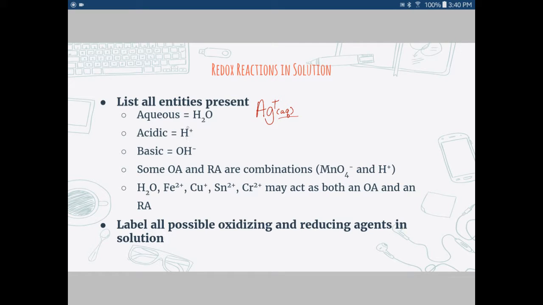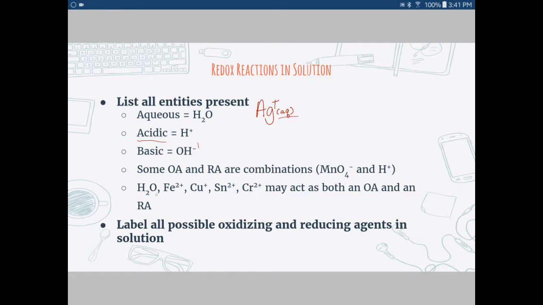Anything where it says that it's an acidic solution, we have to include the listing of hydrogen ions. A basic solution, we have to list hydroxide ions. Some of our OAs and RAs are combinations of ions or molecules. For example, permanganate and hydrogen ions only act as an oxidizing agent when they are together.